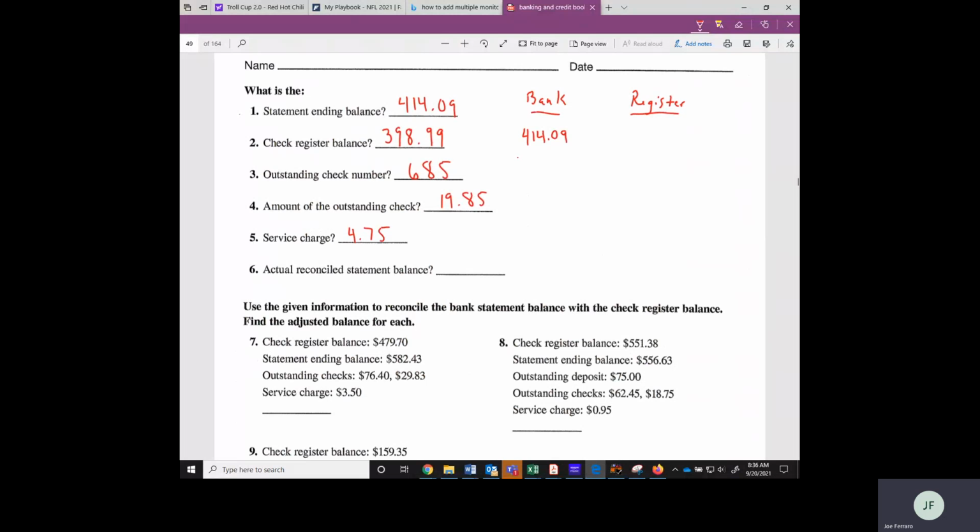A check would take away from our account, so we're going to subtract 19.85. When we subtract that, we get 394.24.